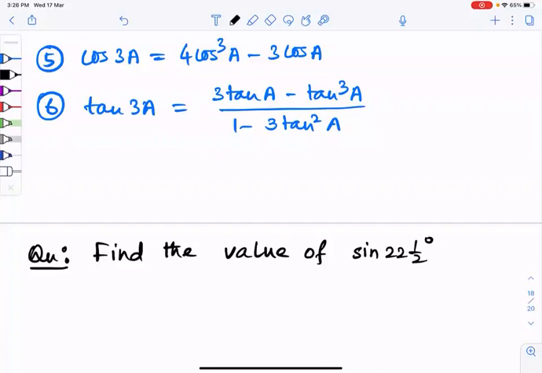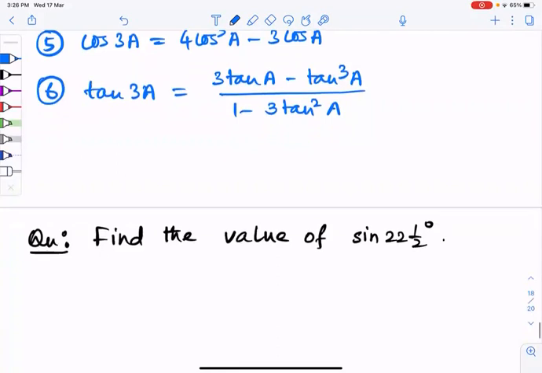What we can do for this sine 22.5, we can use this cos 2a equal to 1 minus 2 sine square a. This is our formula I have told you just now.